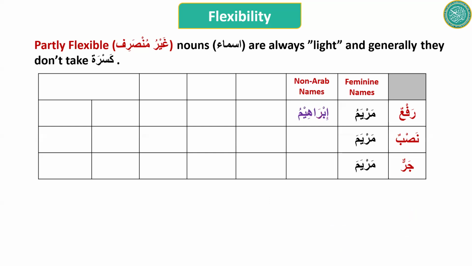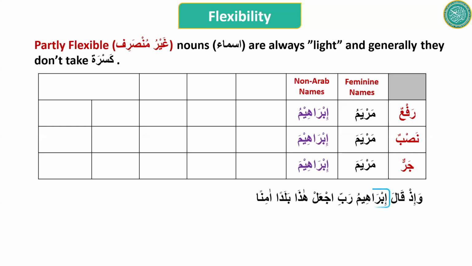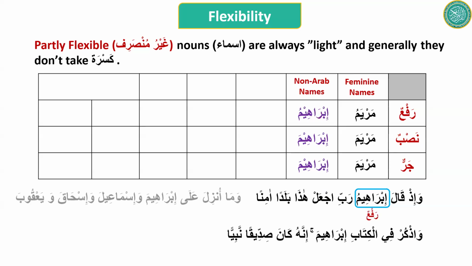All non-Arab names like Ibrahimu will never be Ibrahimun. Ibrahimu, Ibrahima, Ibrahima. For example, over here, Ibrahimu is Rafa. The next two examples I am showing you are Nasab and Jar. How would you know? Again, by knowing more Arabic. Ismaila is also a non-Arab name.